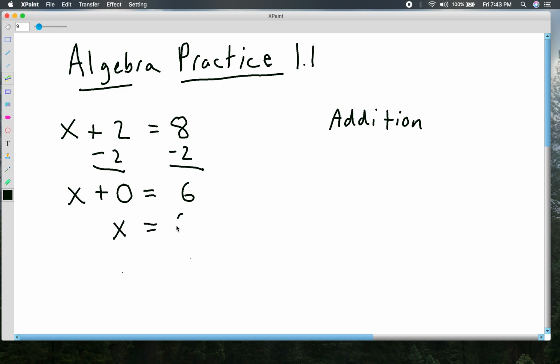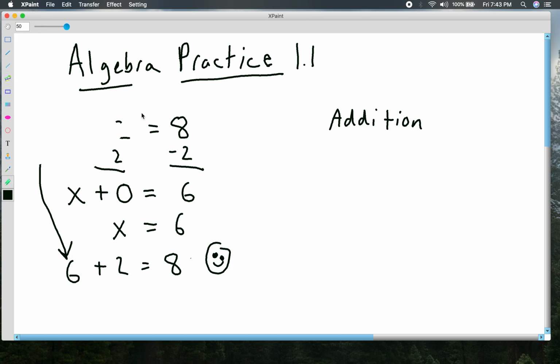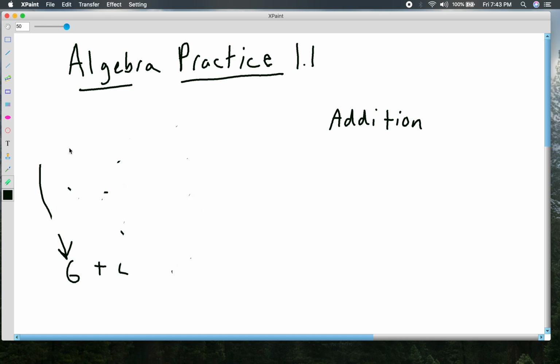So x equals 6. We plug it in. 6 for x. Check our work here. Plus 2. Does that equal 8? Yes, it does. So that's an example of what might happen to solve for a variable if you see an addition sign in an algebra problem like that.